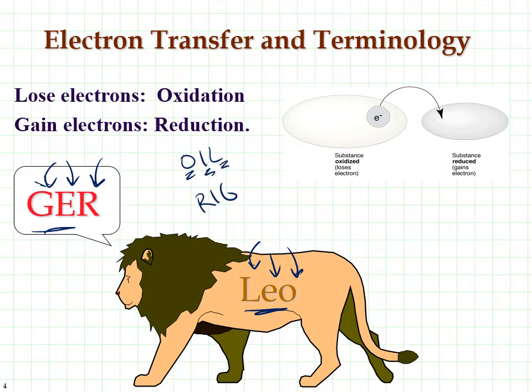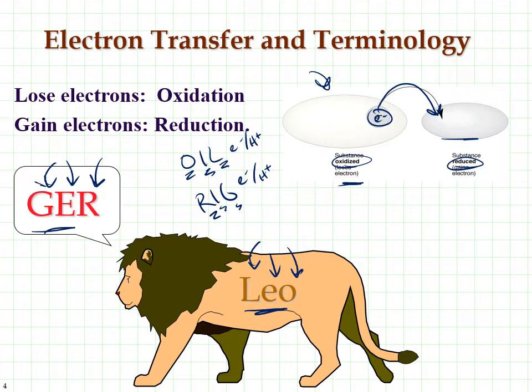Oxidation is losing, and it's kind of nice because we don't have electrons in there, so we can think about losing electrons or protons, and then reduction is gaining electrons or protons. This little picture is just showing us that I have this thing, it has an electron, it loses it, so it's oxidized, and this one got it, so it was reduced.